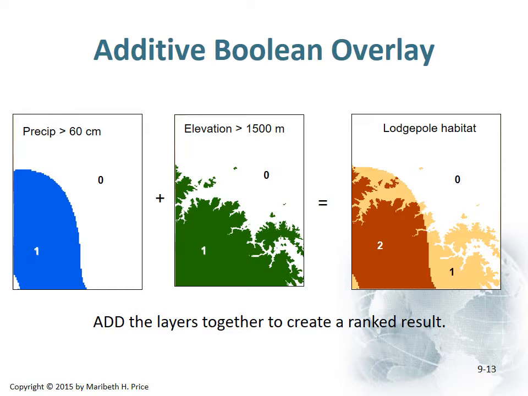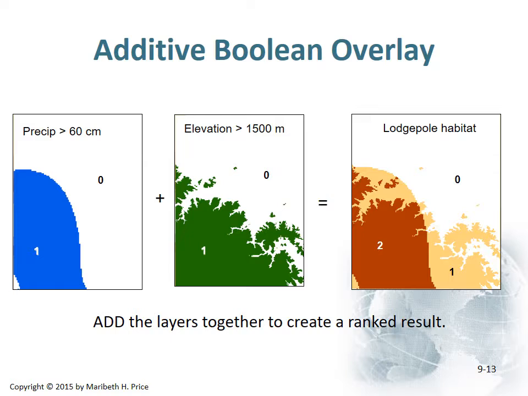So lodgepole pine may do well in areas where the elevation is greater than 1,500 feet, and it may not do quite as well as it does where the precipitation is also greater than 60.